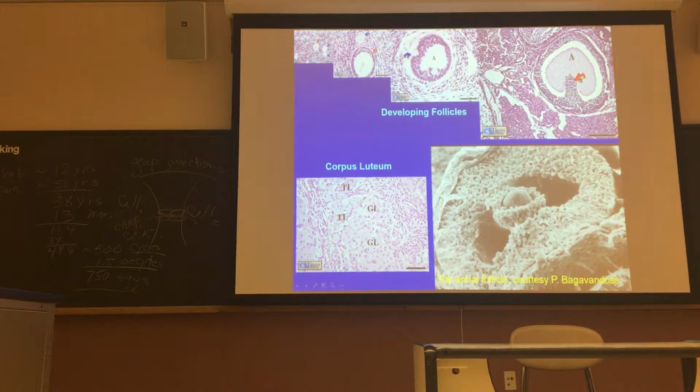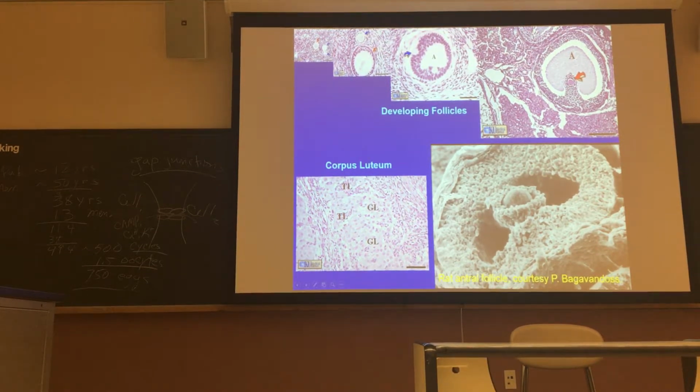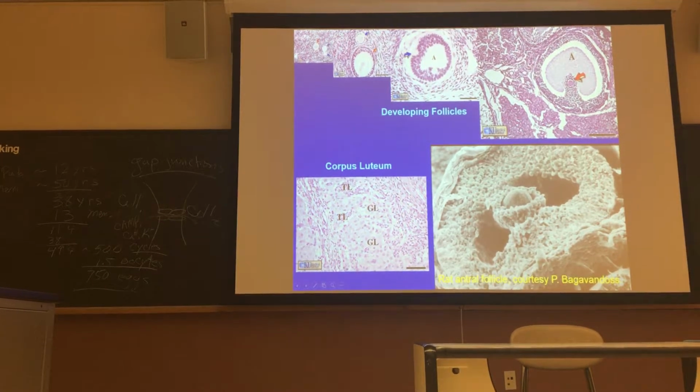Now, you may have run across this particular image in a variety of places. It's been on the web, it's been in publications for 35 years now. And some people have labeled it as a primate or a human follicle. It is not a primate or a human follicle.